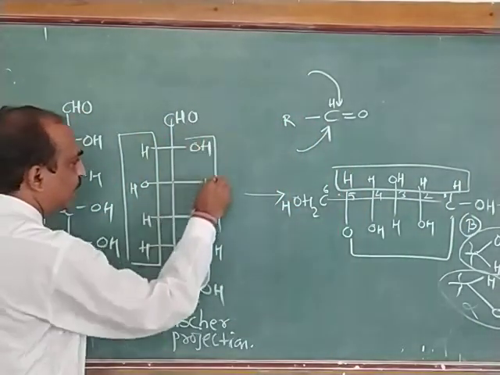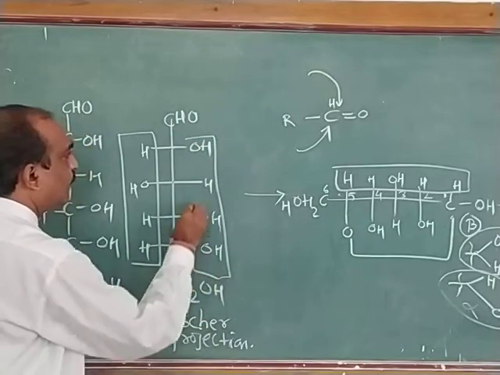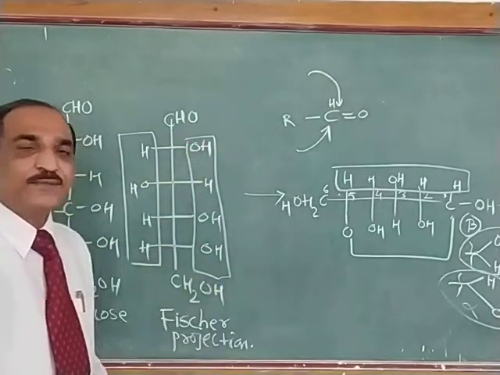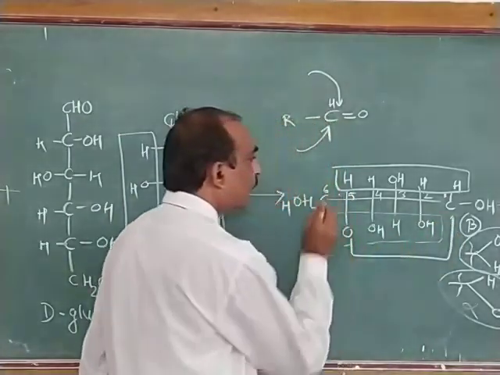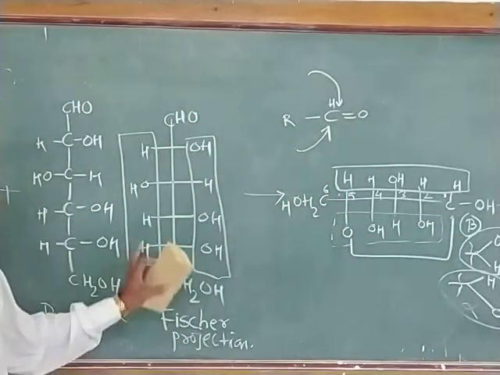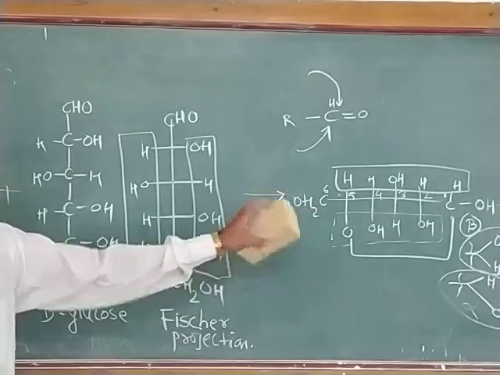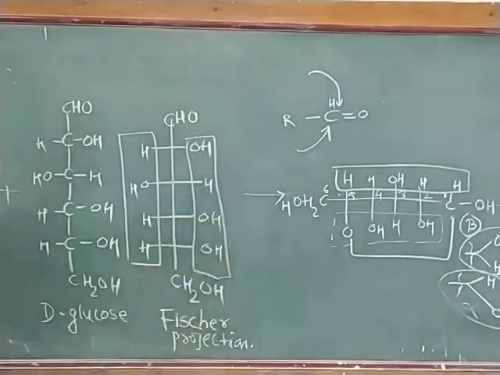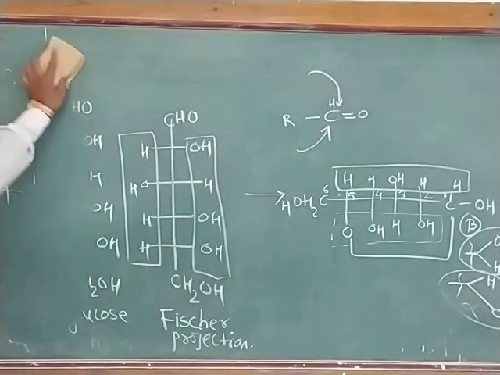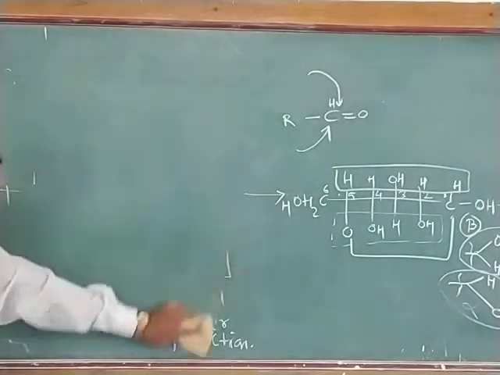Whatever is on the right hand substituent is coming down here. Okay, this is the representation of this structure. Once we have this structure, we will see how we can draw the cyclic structure.